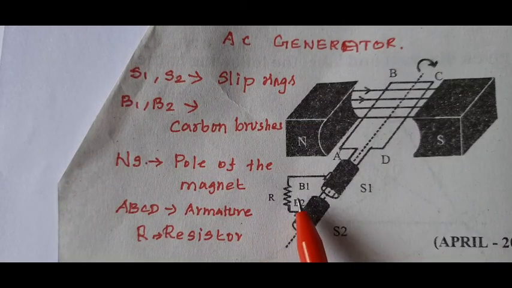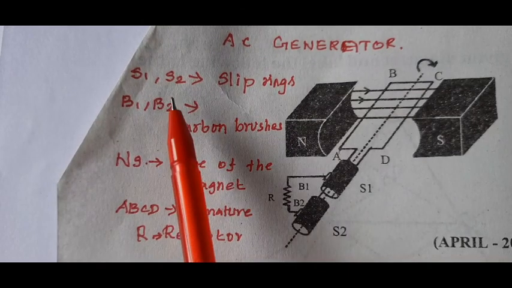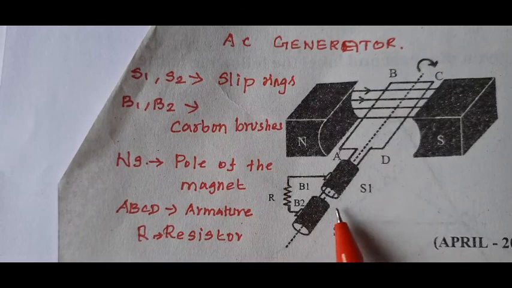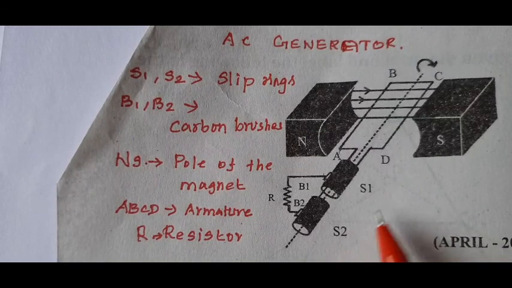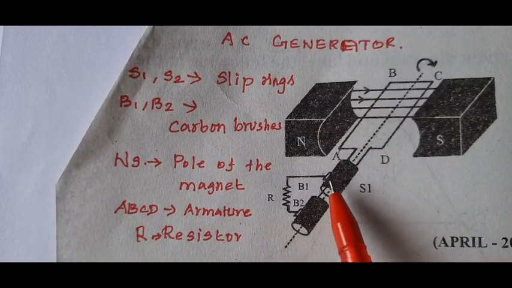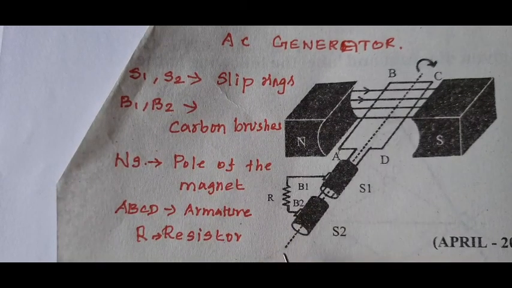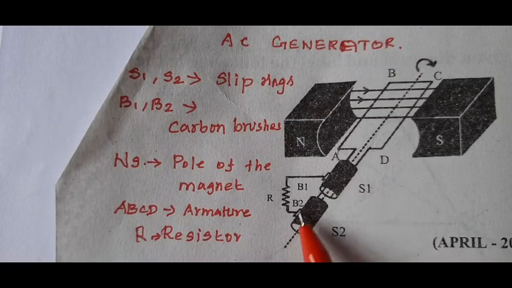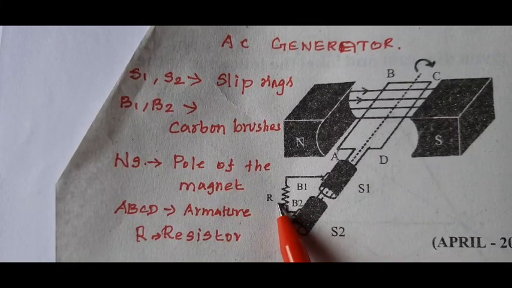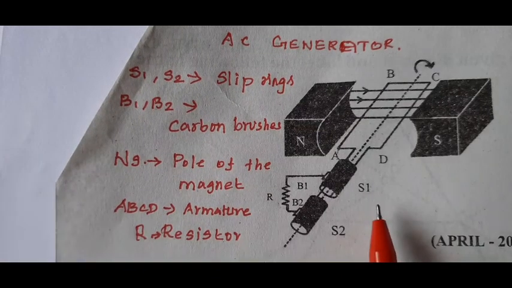Here R is the resistor. S1 and S2 are slip rings. B1 and B2 are carbon brushes. These two brushes are connected to the resistor. So this is a diagram for an AC generator.